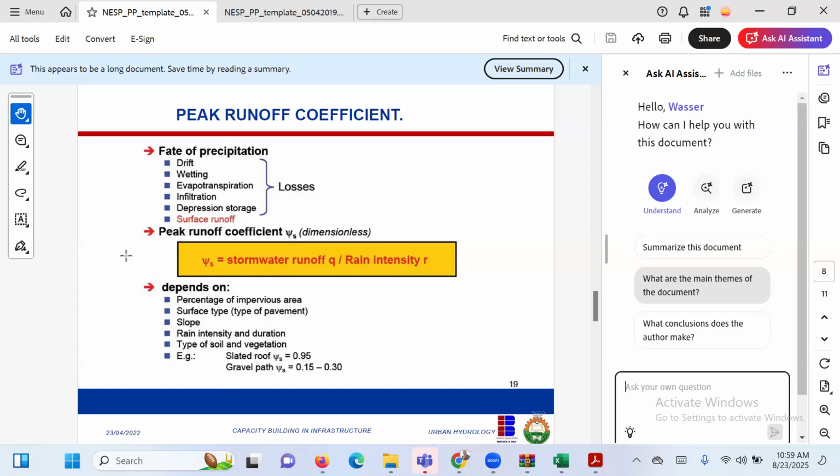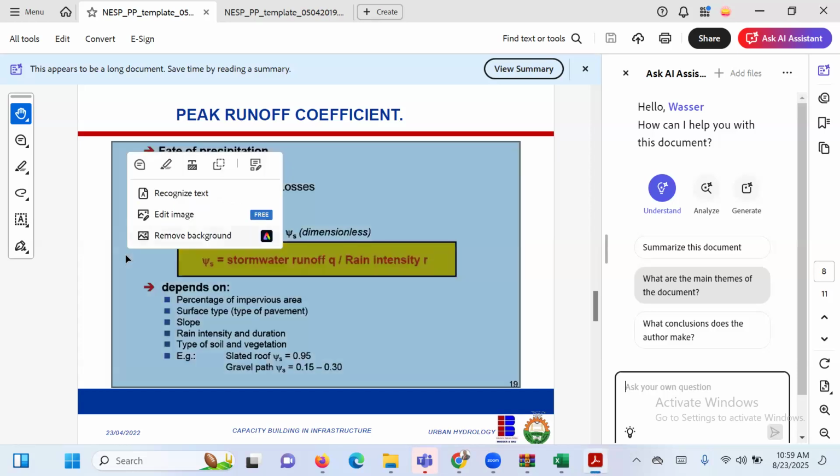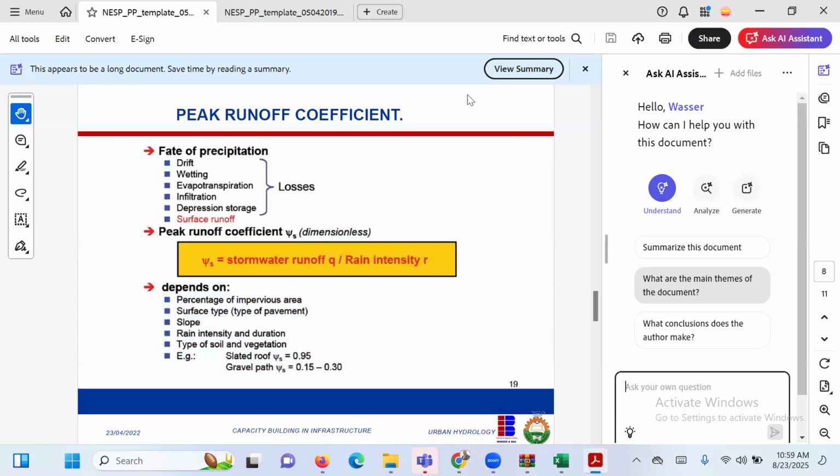Okay? The impervious, either you call it paved area or impervious area. Then the second factor that influences stormwater is what we call the surface type. If you have an impermeable surface or impervious surface, all the waters that fall on it will generate runoff.